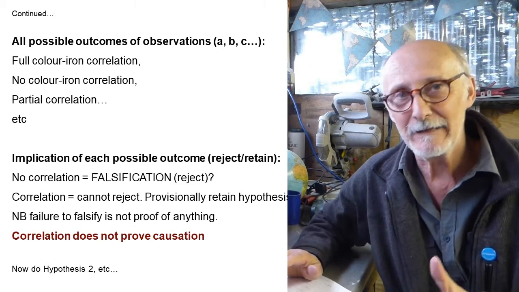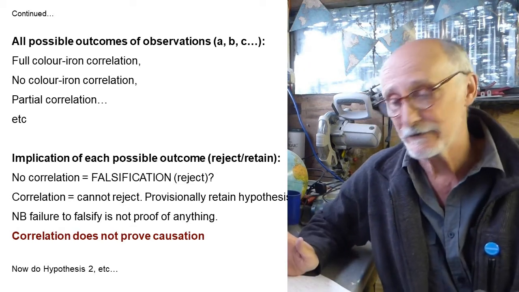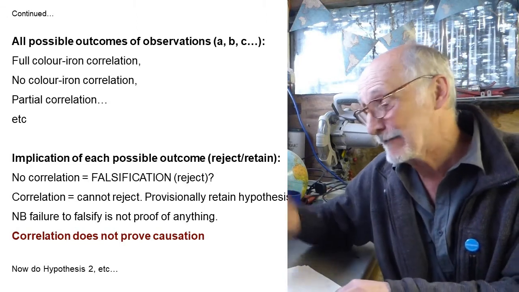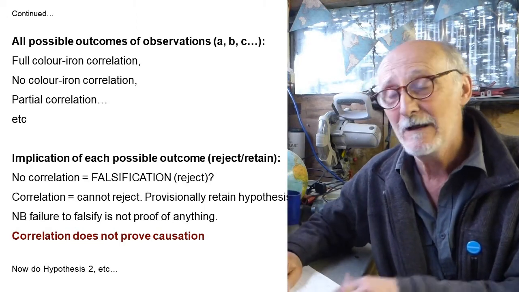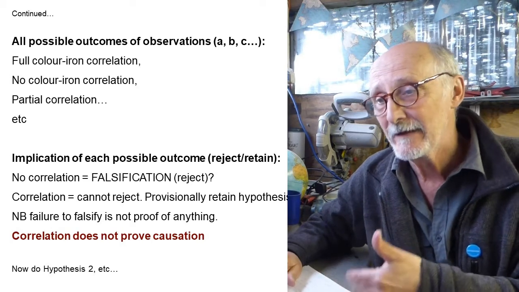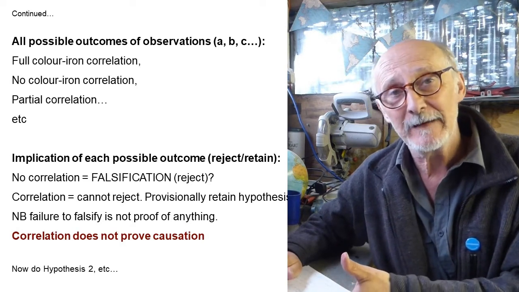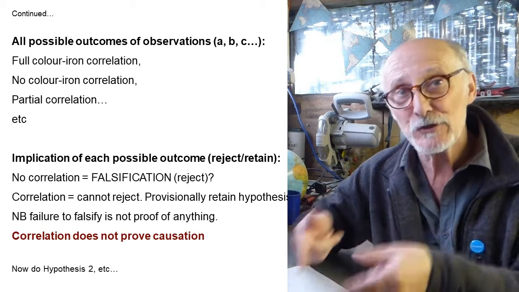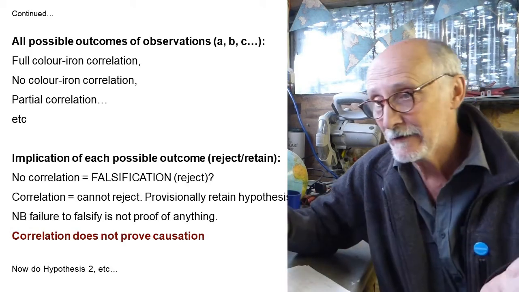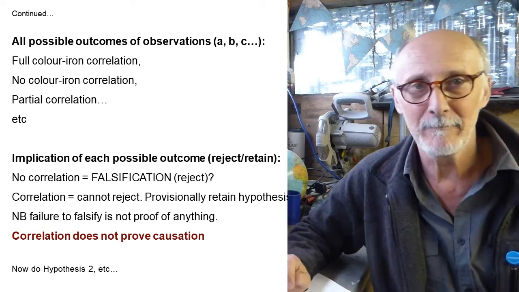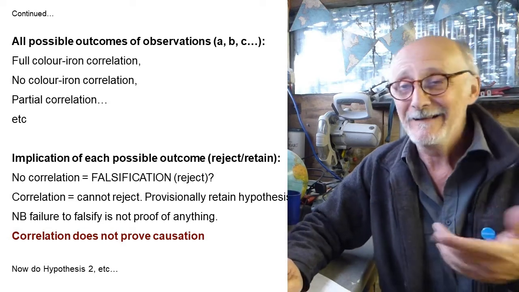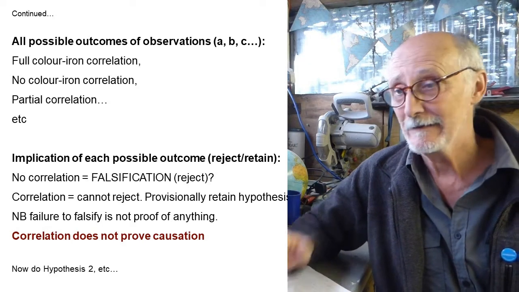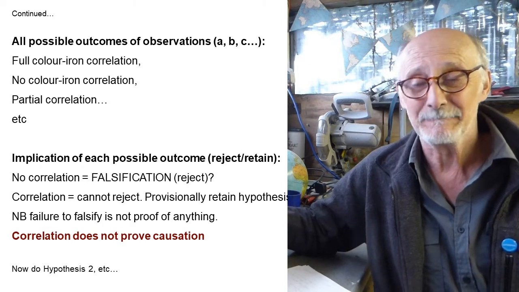Well, this is a very simple case, so we can say, if there's no correlation at all, if it turns out that the red soil sometimes has iron, sometimes doesn't, and the black soil sometimes has iron, sometimes doesn't, that lack of correlation would be a falsification of my hypothesis, because my hypothesis implied that there should be a correlation. There isn't a correlation, therefore my hypothesis must be wrong. So I've confidently falsified that hypothesis, so I can reject it.